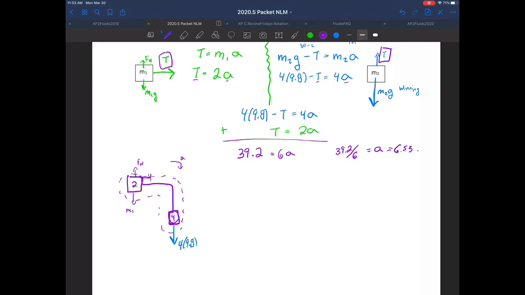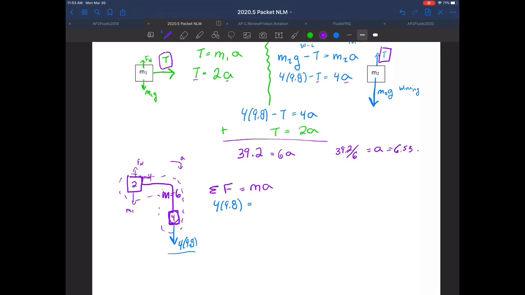When you take advantage and you draw your system as one large lump, and you write out sum of the forces equals ma, it's only the external forces that will affect the direction of acceleration. So this is in the direction of A. And there's no other force in the direction of A, because our rope is inside of our system. Remember, forces are always external. What's the mass of this whole giant blob system, the 2 and the 4?